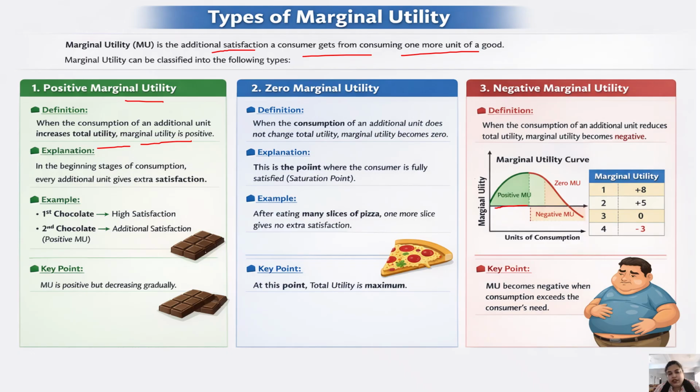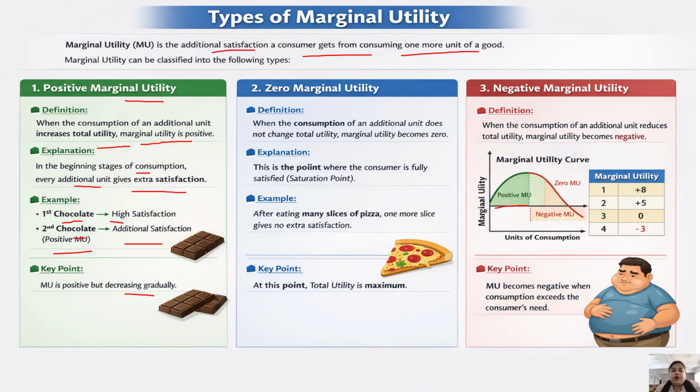Look at this graph where the positive MU, where the total utility increases. For example, in the beginning stage of consumption, every additional unit gives extra satisfaction. First chocolate gives higher satisfaction and second chocolate gives additional satisfaction. That is the positive marginal utility. So here marginal utility is positive but decreasing gradually.